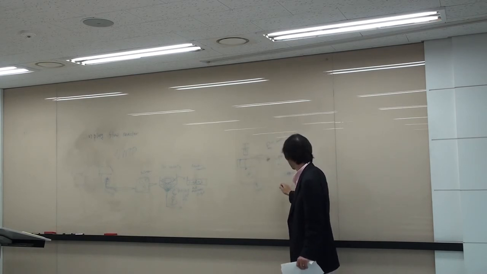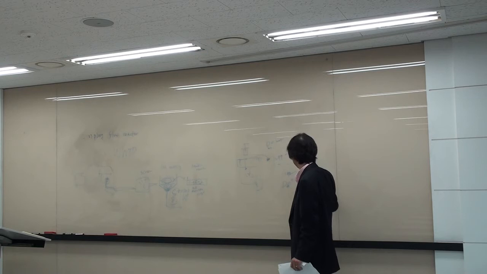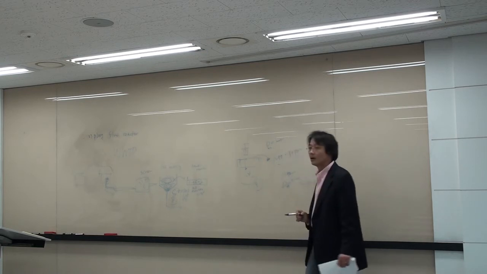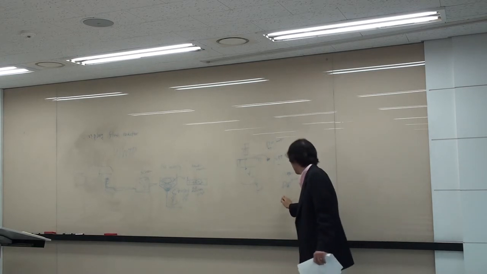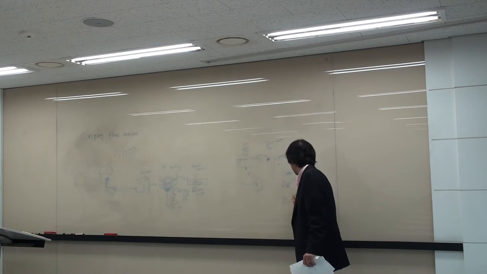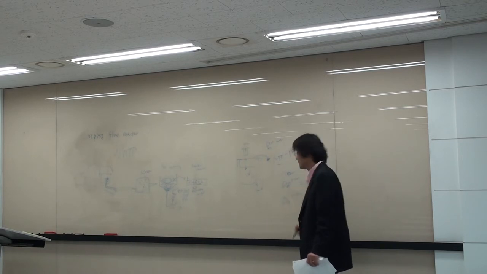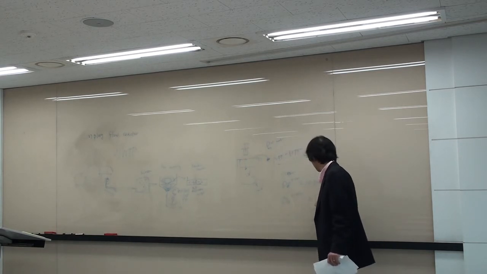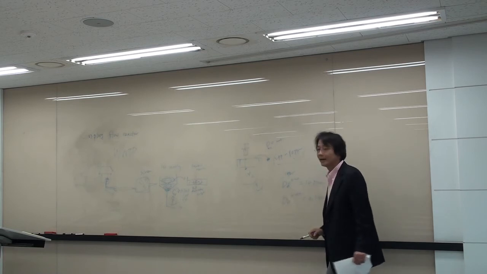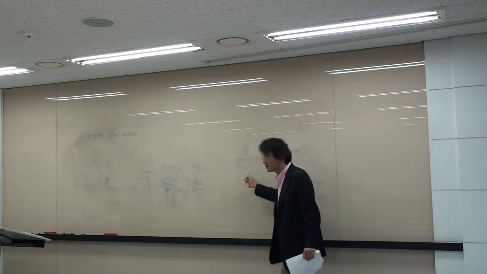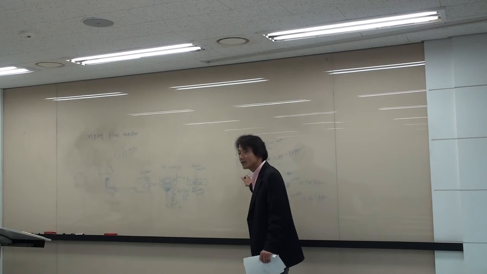Well, the DO at T equals 0 is 10 ppm, right? But after T equals 5 days, it could be 0.1 ppm. Why? This microorganism is aerobic bacteria.